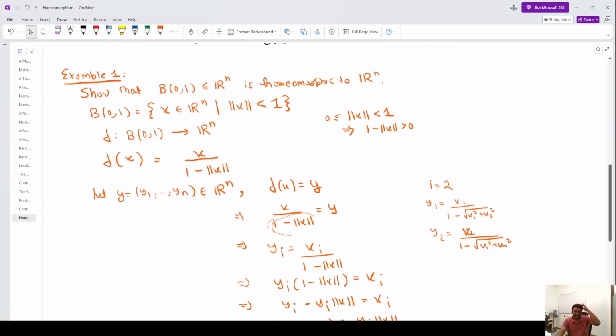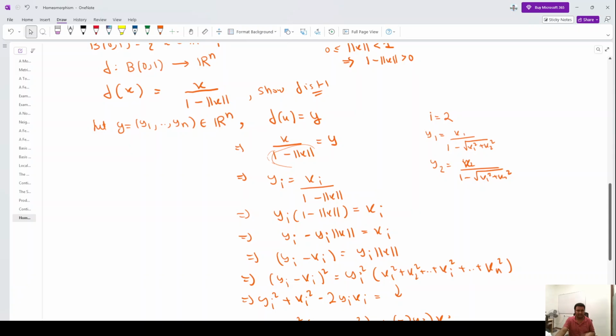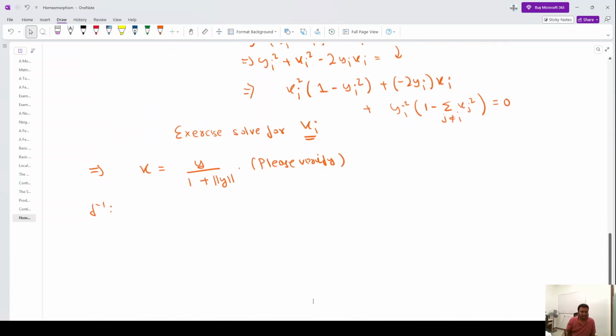So I will leave this as an exercise, show that F is 1-1. By the way, F is continuous. This is just real analysis, calculus on Rn. So what is F inverse? F inverse is from where to where?